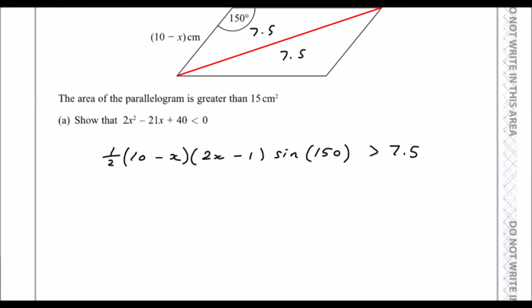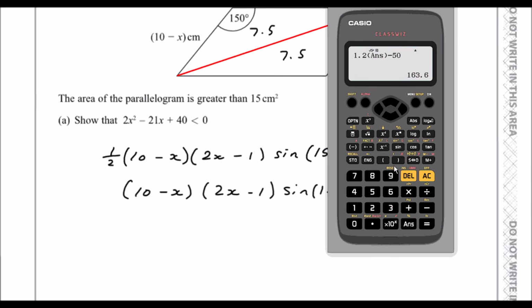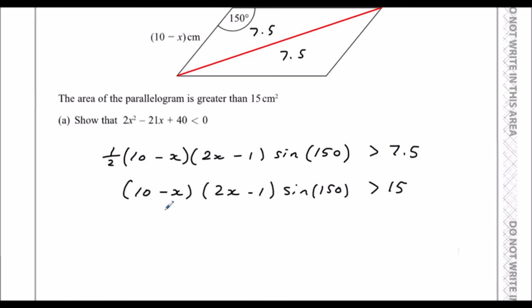Let's double both sides to get rid of the half. So (10 - x)(2x - 1) sine 150 is bigger than 15. Sine 150 is a half again, so we can change sine 150 into a half.